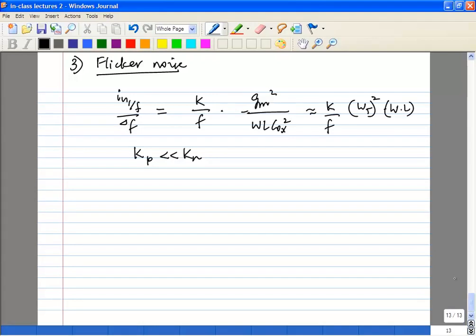Okay, so another thing to note is that obviously it's proportional to omega t squared. So when you go to faster and faster processes, the flicker noise usually tends to get worse.